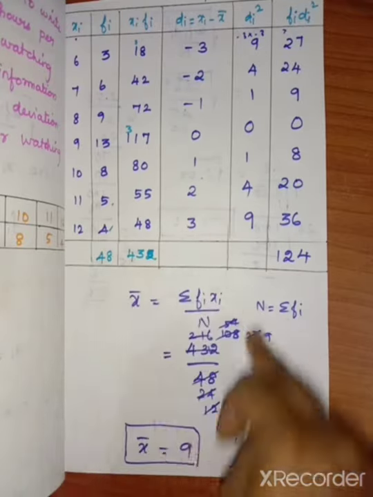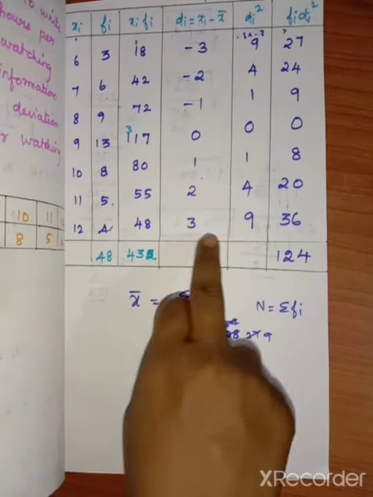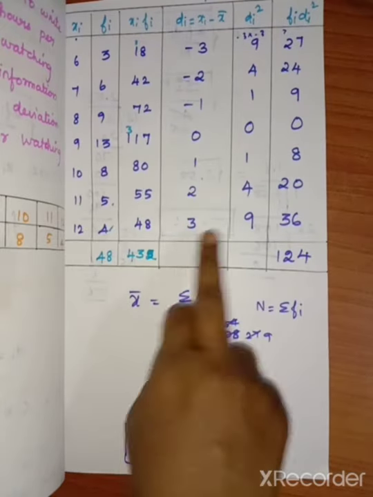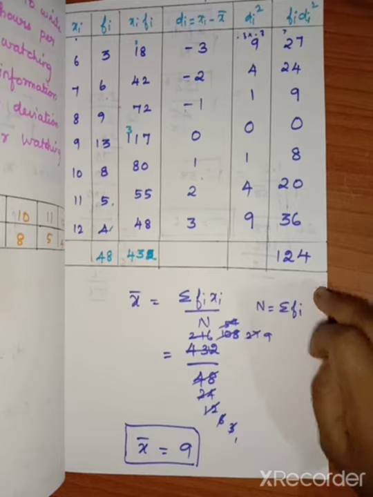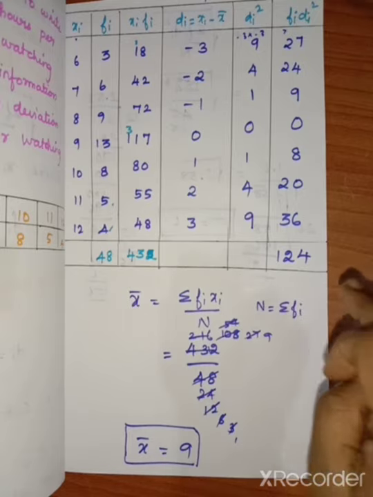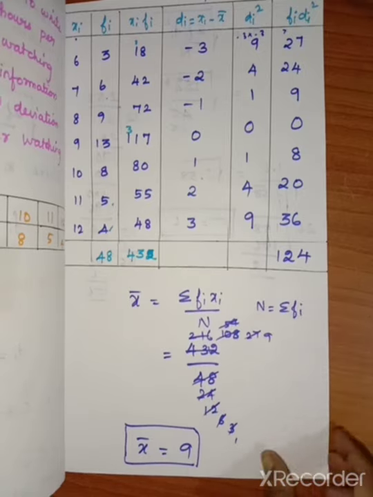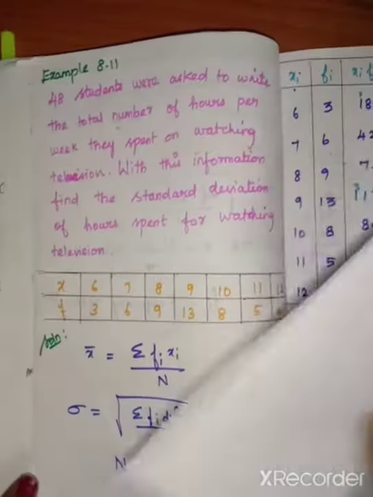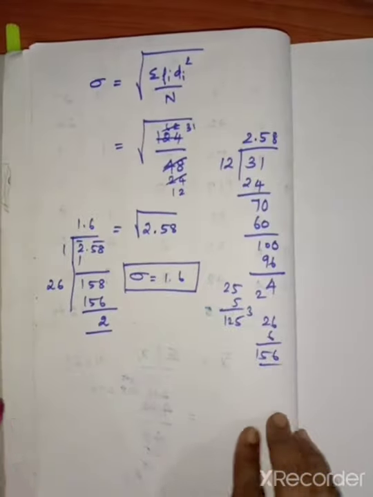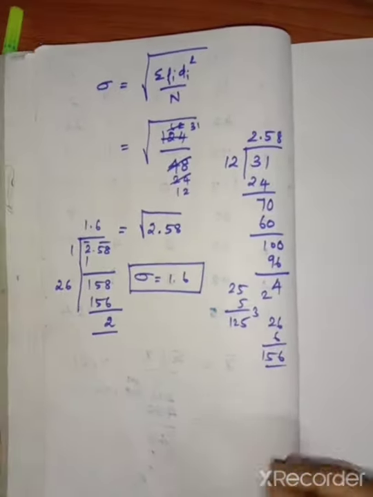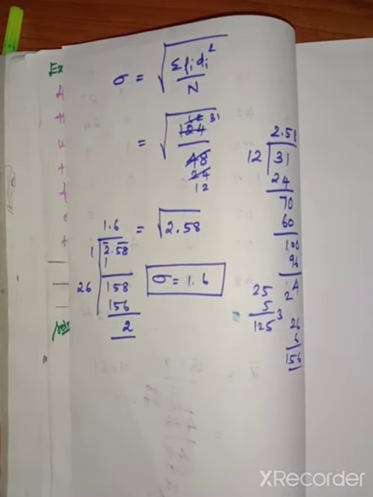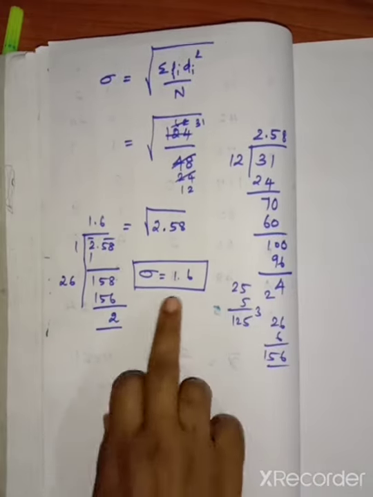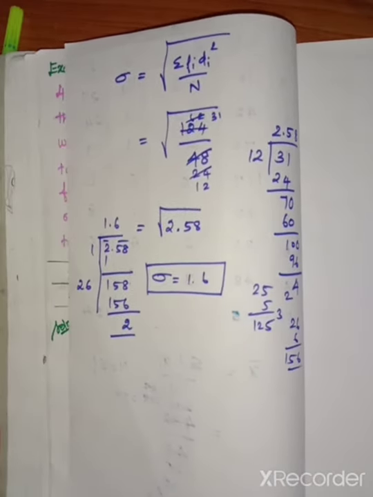For the di we want the x bar, then di squared, then we multiply with the fi and di squared, we get the summation value. This value alone we can substitute in the standard deviation formula. Then as usual the same process, cancel the value or divide straightly, then use the long division method, we can find the standard deviation, that is 1.6.